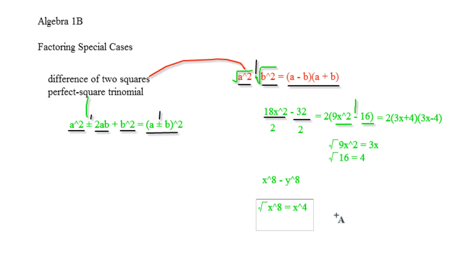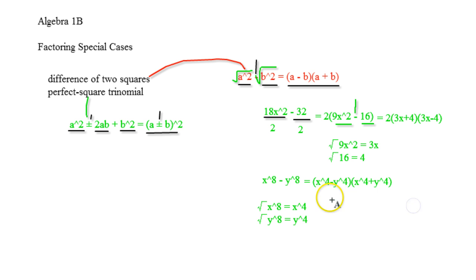And if I square root y to the 8th, I'm going to get y to the 4th, which is a really nice thing. So this will actually become (x to the 4th minus y to the 4th)(x to the 4th plus y to the 4th).